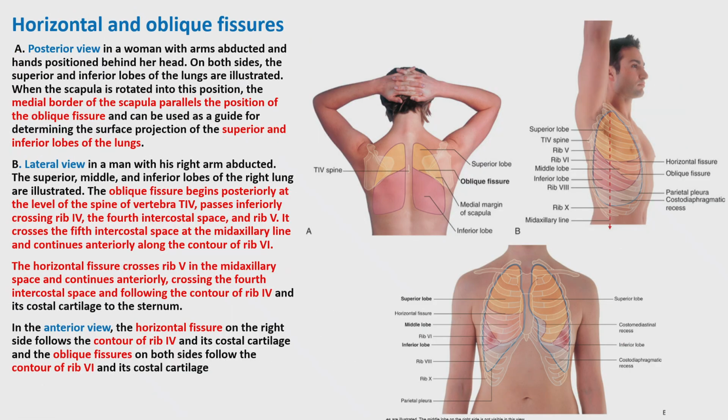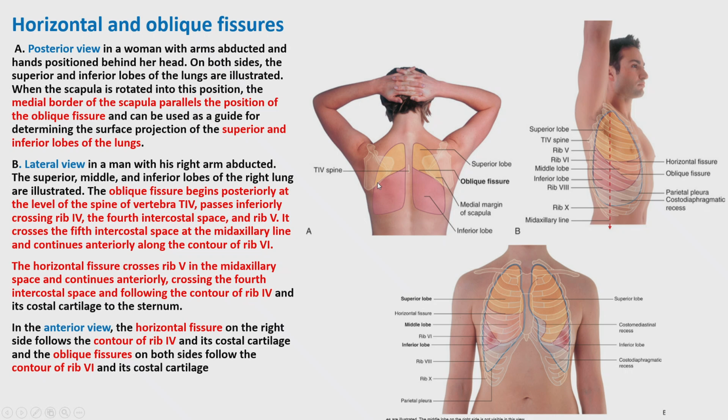To recognize the oblique fissure and the horizontal fissure, you ask the patient to raise the hand, put the arm in an abducted position and place it on the posterior back side of the occipital region. Then the medial margin of the scapula can be a landmark for the passage of the oblique line.